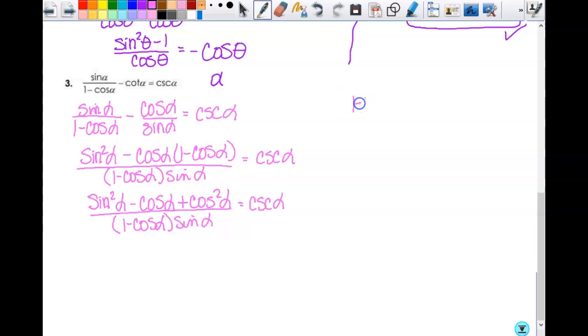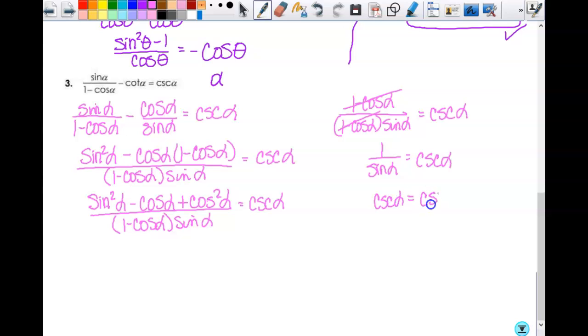So I get 1 minus cosine alpha over 1 minus cosine alpha times sine alpha equals cosecant alpha. So these two cancel out. That leaves me with 1 over sine alpha is equal to cosecant alpha. So cosecant alpha equals cosecant alpha, and we are done.